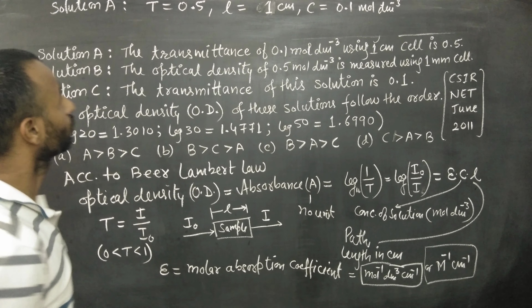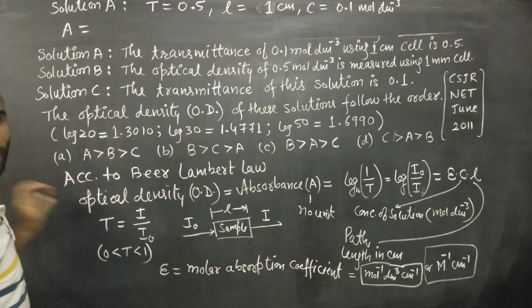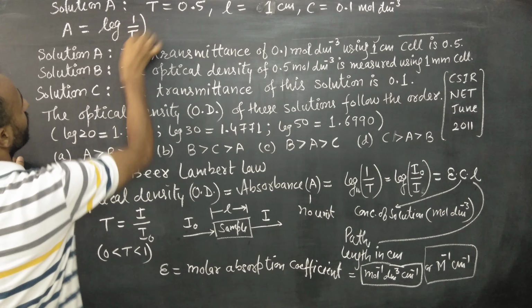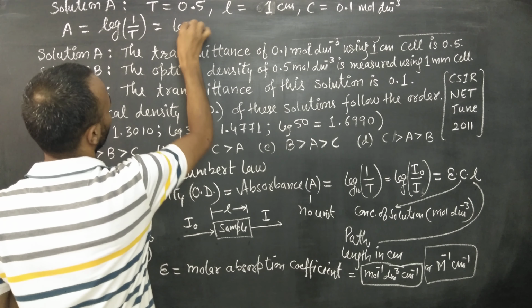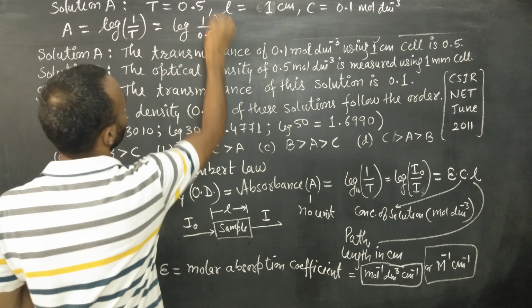So from transmittance you can calculate absorbance. Absorbance is log of 1 upon transmittance, that is log of 1 upon 0.5.